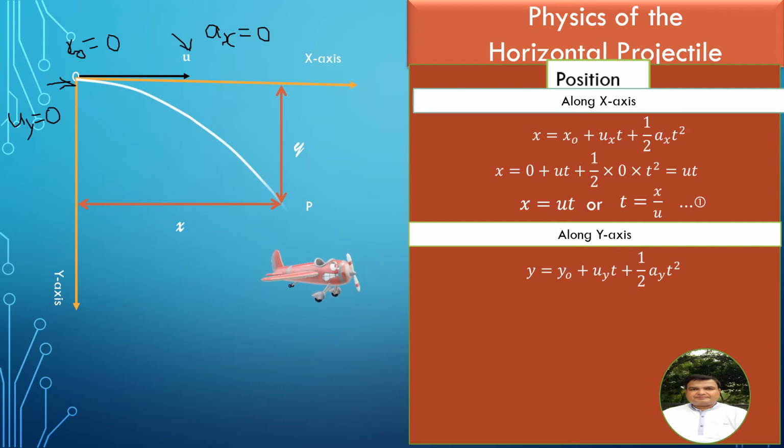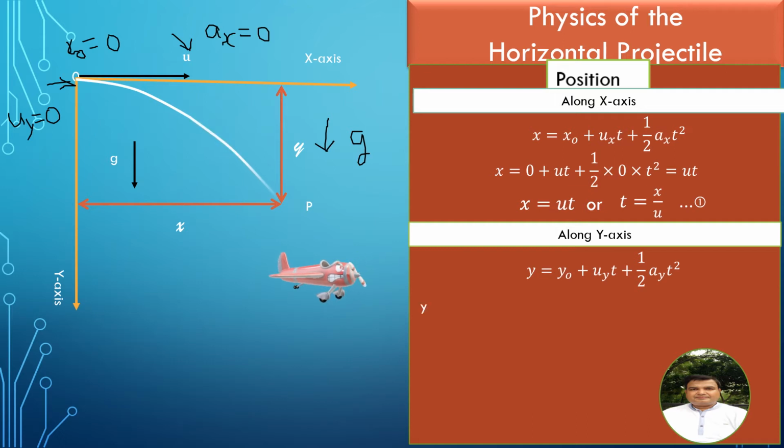Is it? As far as a y is concerned, means acceleration along the y-axis, of course there is acceleration in the downward direction, which is nothing but g. Is it? Yes. We can substitute the values.